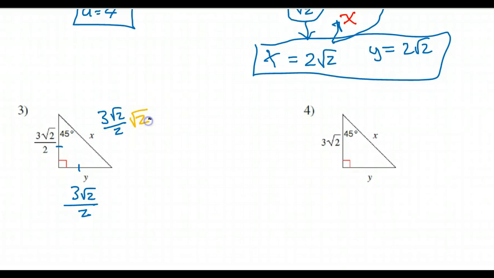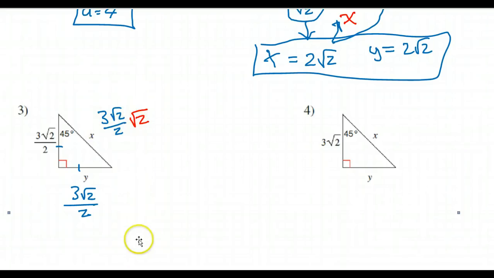Again, the pattern is x, x, x radical 2. So no matter what ugly expression I put here, I'm going to repeat it and then repeat it and put a radical 2 on it. So it's 3 radical 2 over 2, 3 radical 2 over 2, 3 radical 2 over 2, radical 2.